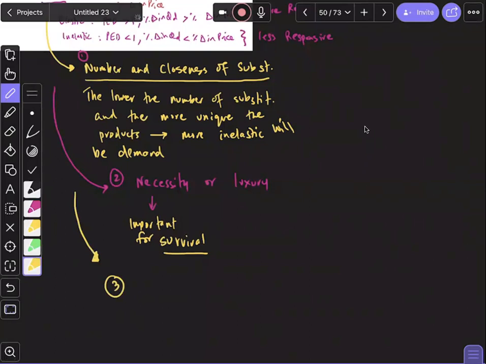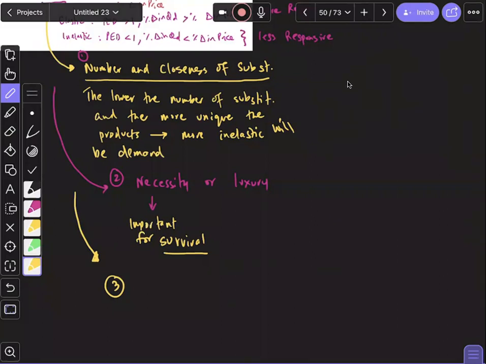There's a common mistake we all normally make, which is mixing elasticity with demand and supply. So this is more elasticity. So anything that is to do with elasticity, anyone? There are other factors as well.